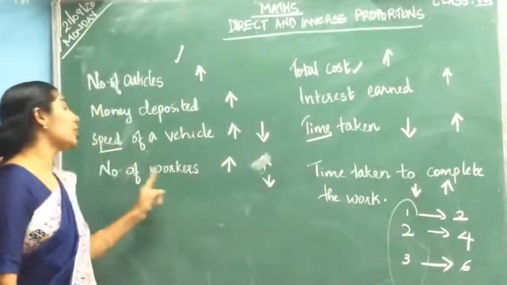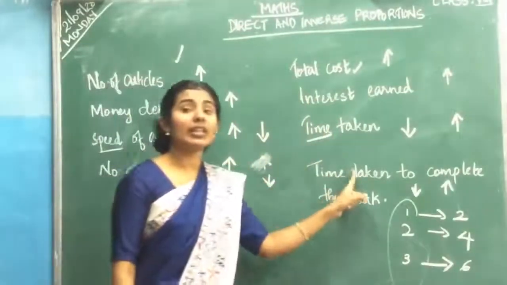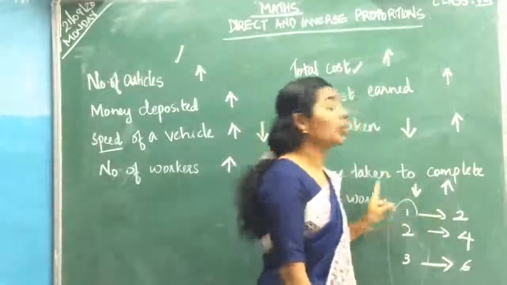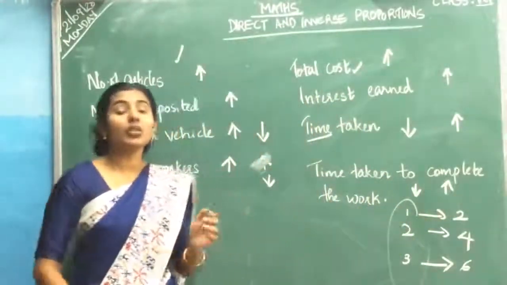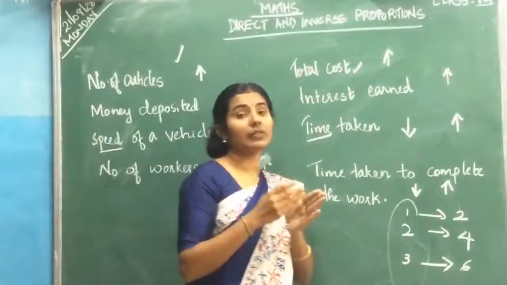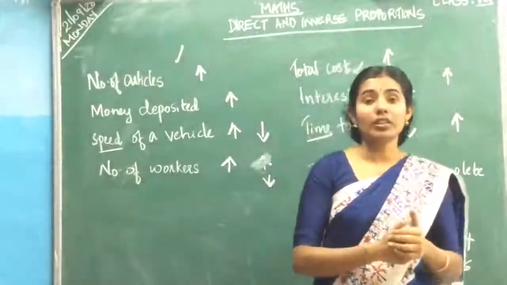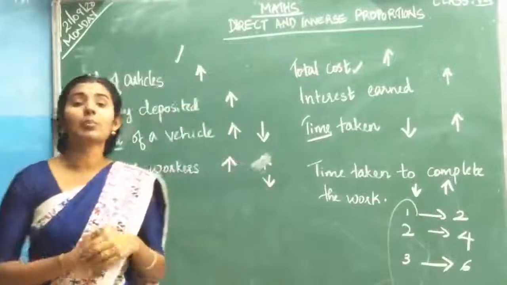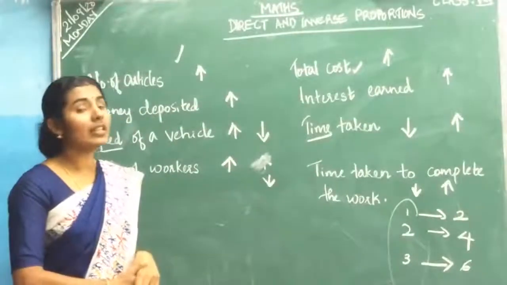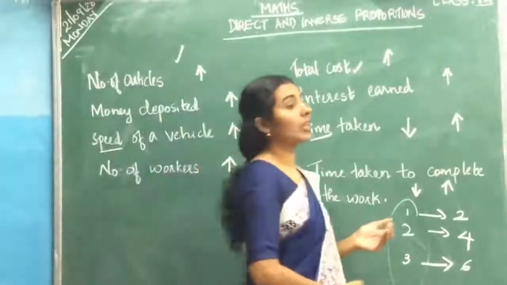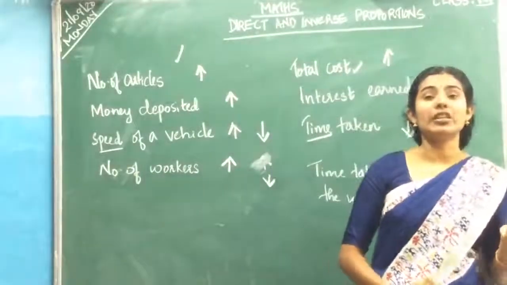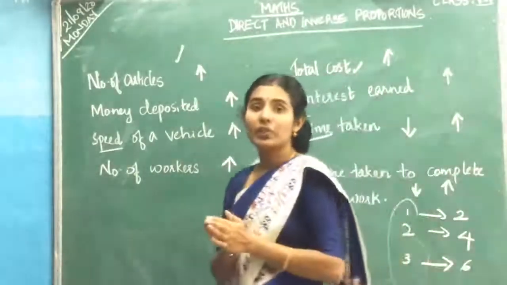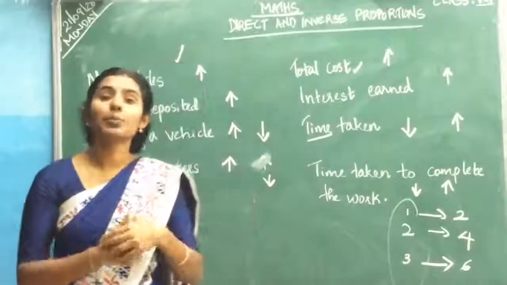If you are varying the number of workers, that will vary the time taken to complete the work. So variation in one quantity is affecting the variation in another quantity. At that time we will say the two quantities are in proportion. When one quantity is varying and that is affecting the variation in another quantity, then we will say the two quantities are in proportion.